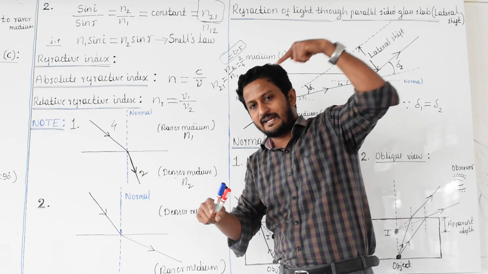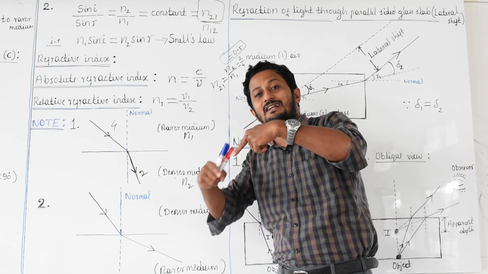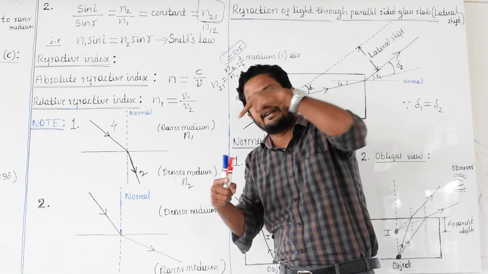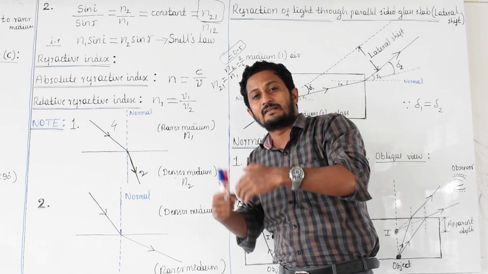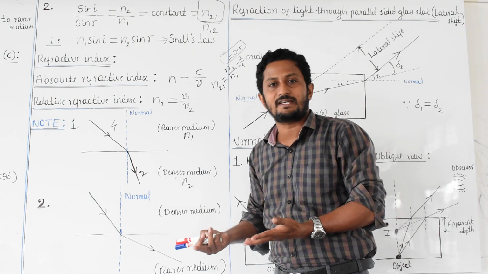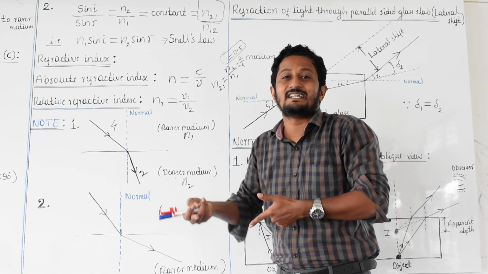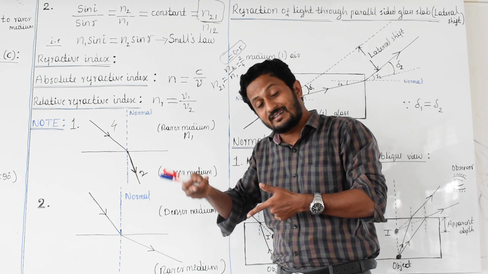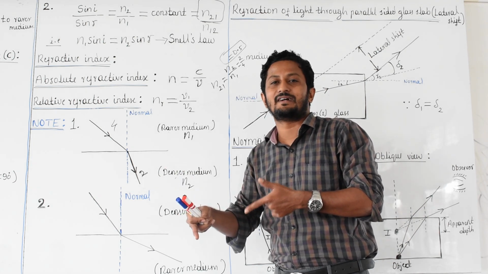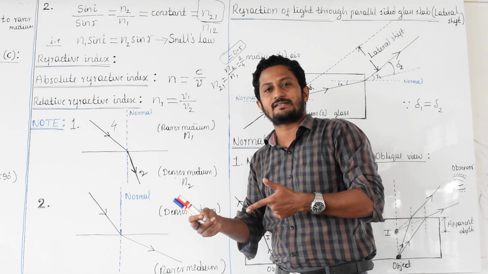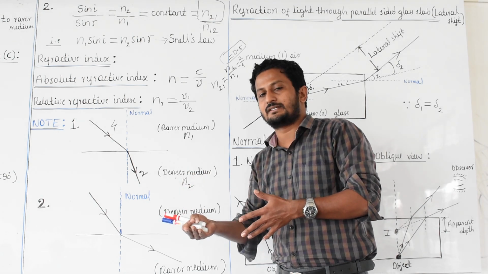When light enters the glass slab, its speed is going to decrease because of its higher density. Because it is a denser medium. We discussed why the speed is going to decrease. Yes, it decreased.